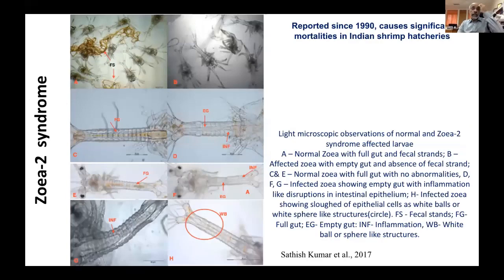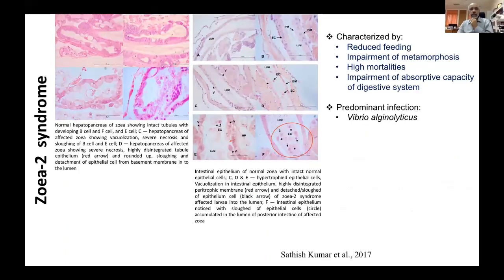And then comes another chronic syndrome, or chronic condition, in shrimp, called Soya II syndrome, or Soya syndrome. I think Satish Kumar from SIBA studied in detail the early larval stages in the shrimp hatchery, and they found certain histological features in the gut and other organs.